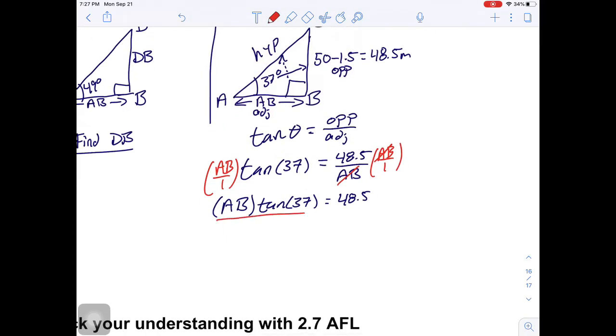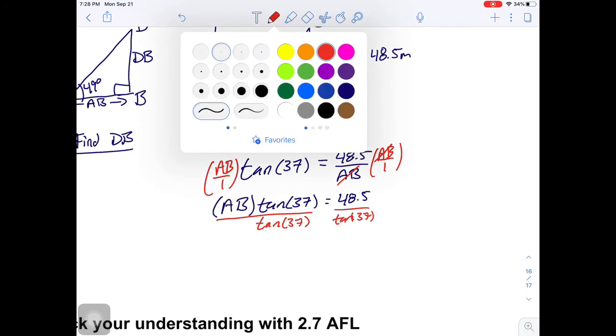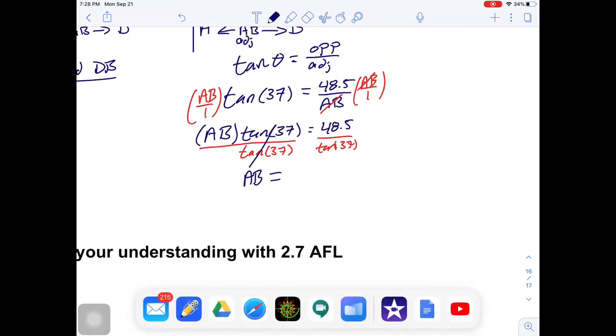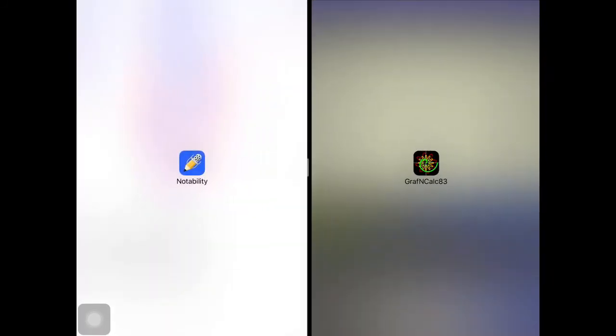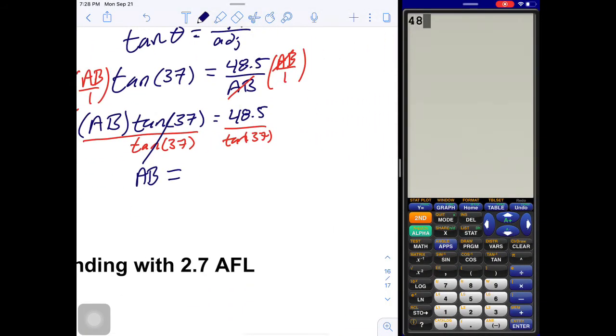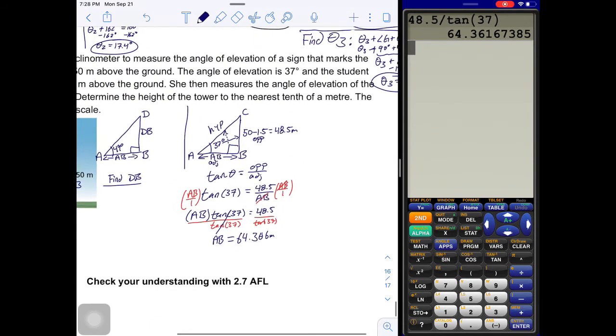And then from there, I need to divide tan 37 away, and I will get A to B equaling 48.5 divided by tan 37. So here, I will get 48.5 dividing tan 37. That gives me 64.3616 meters. Okay.